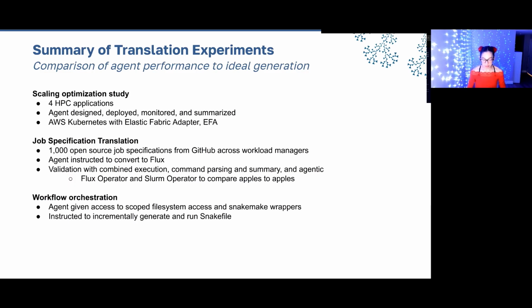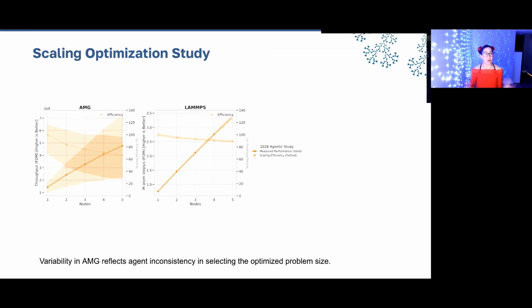So here we have results for our scaling optimization study for AMG and LAMMPS as before. Now, the first thing that probably sticks out to you is, wow, there's a lot of variance for AMG, not so much for LAMMPS. But let me tell you why that is. In this optimization study, we're not just giving the agent a problem size and asking it to execute across 5 nodes and adjust parameters as needed.